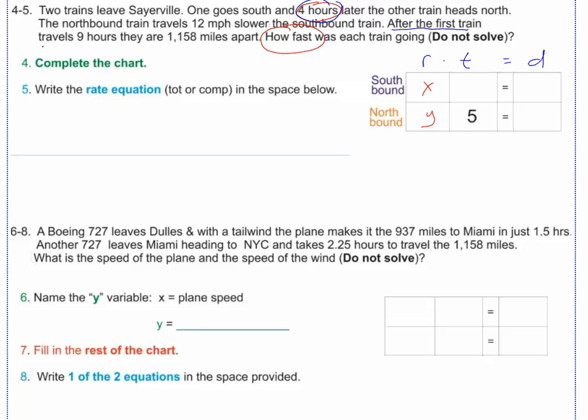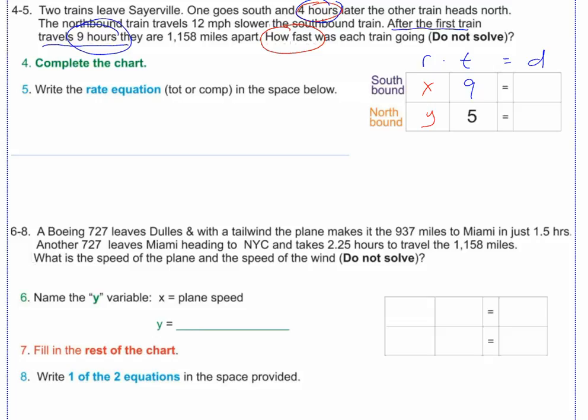After the first train travels, what's the time of the first train, the southbound train? 9 hours. Now, the second one left 4 hours later. It didn't travel 9 hours. It traveled 9 minus 4, or 5 hours.